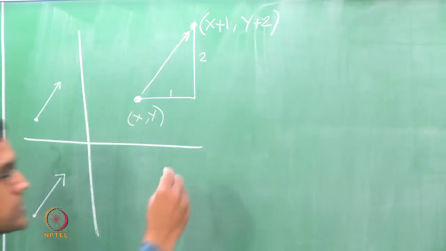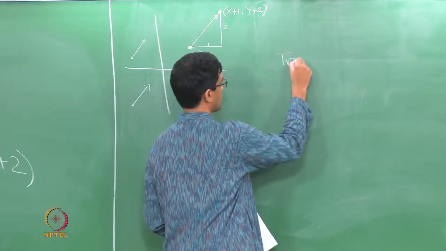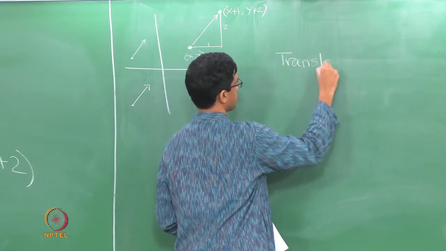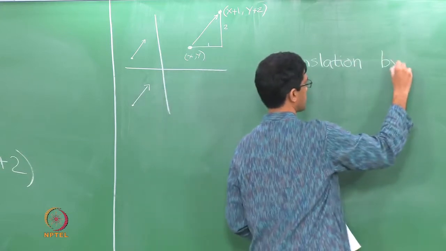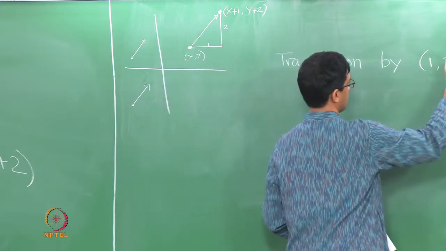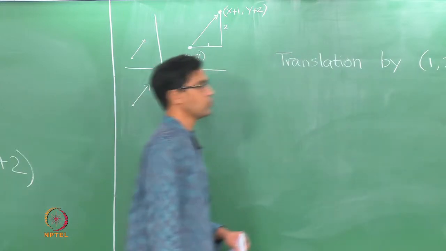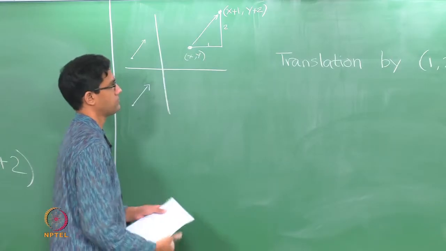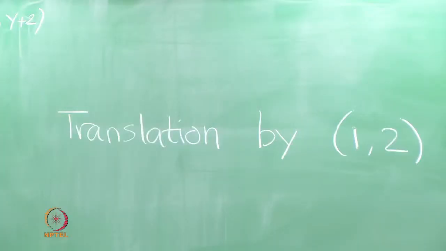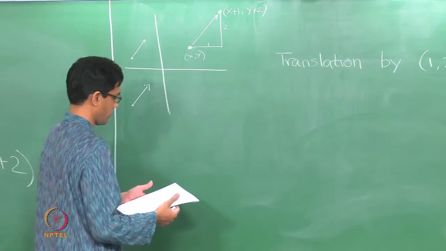So, sometimes this map here is called a translation, and it is a translation by the vector 1 comma 2 if you wish. Okay. So, it translates everything by that amount, 1 unit to the right and 2 units above.